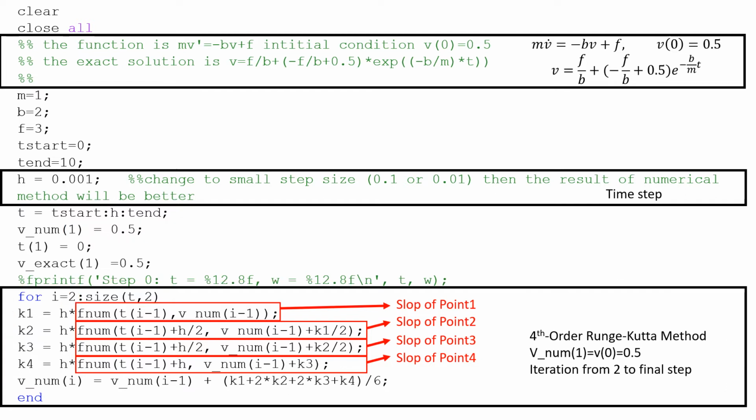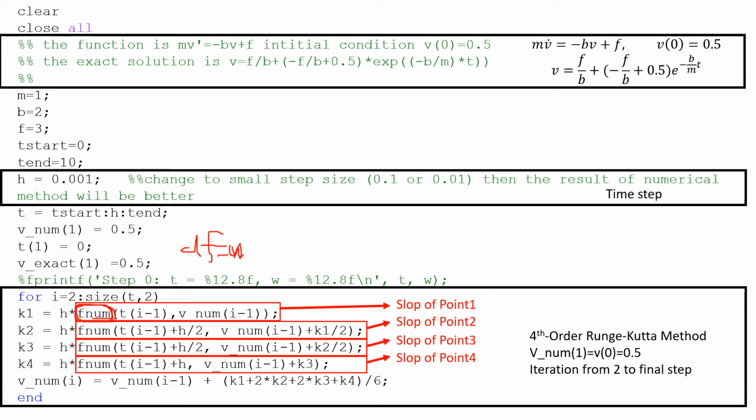You can see I try to write a function. This function we call f num. Actually this is f dot, so maybe I should use df num.